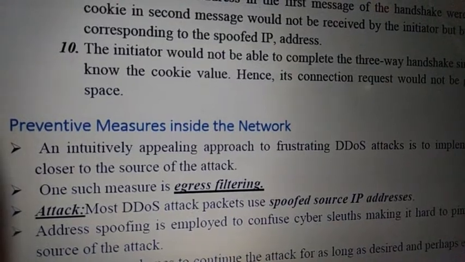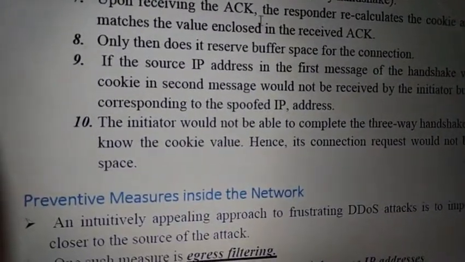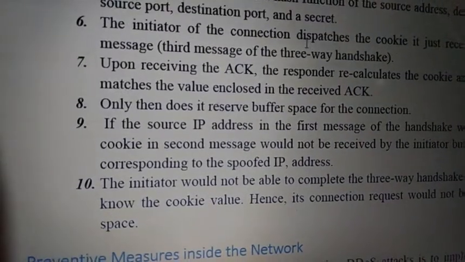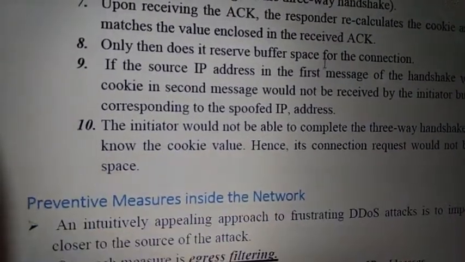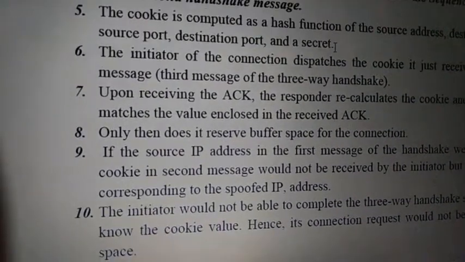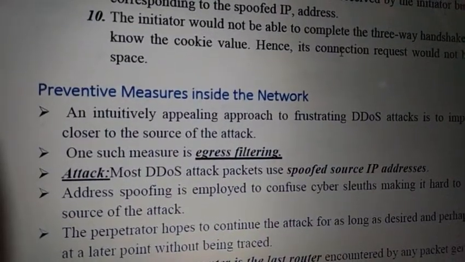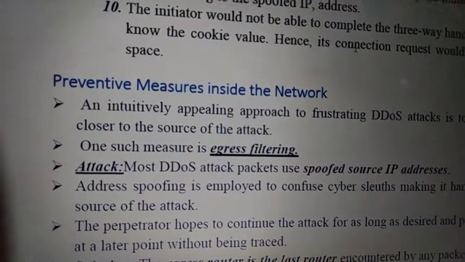That is an important thing. The acknowledgement is also used, so we verify whether that particular acknowledgement matches that particular IP address or not, right? That is a preventive mechanism in case of the host.